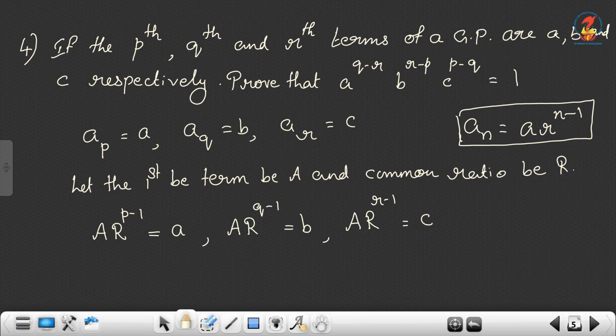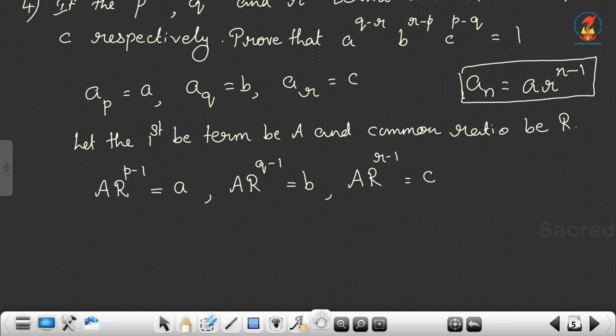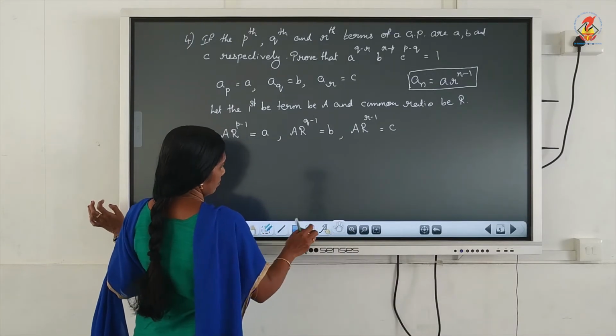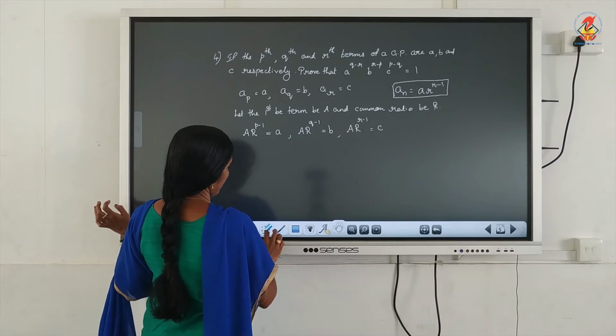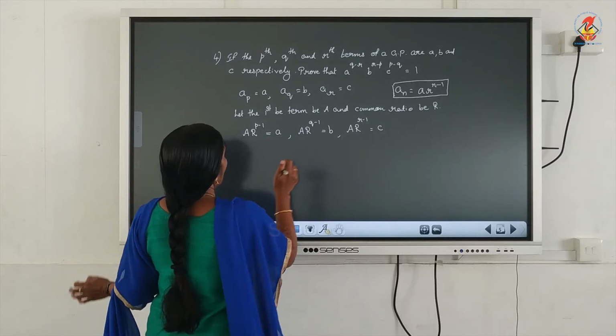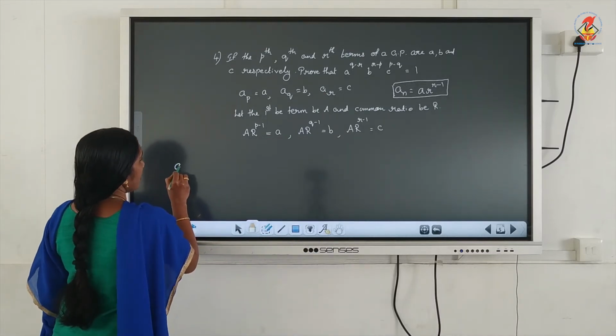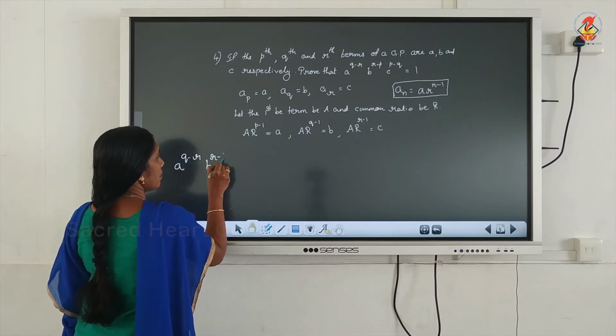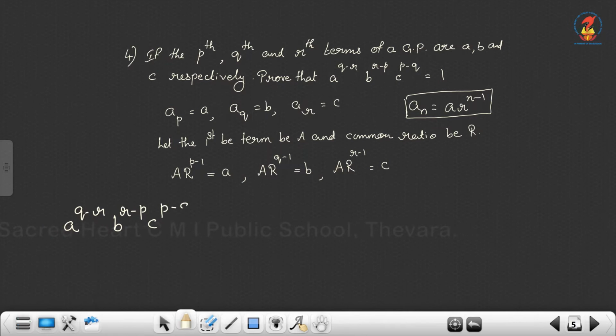Now this we have to prove. For that, take the LHS and just substitute. Take the LHS: a raised to q minus r, b raised to r minus p and c raised to p minus q.